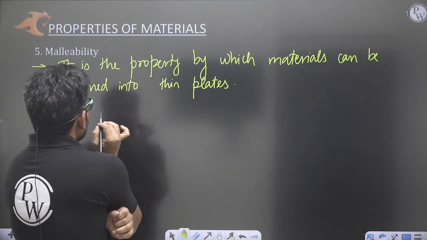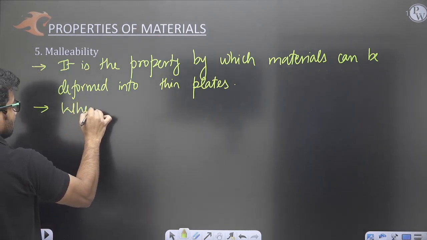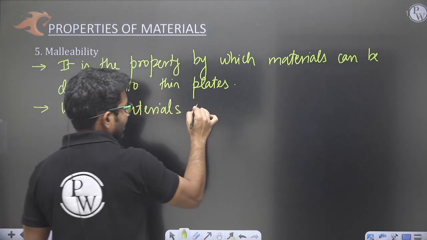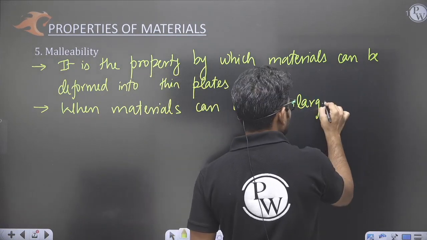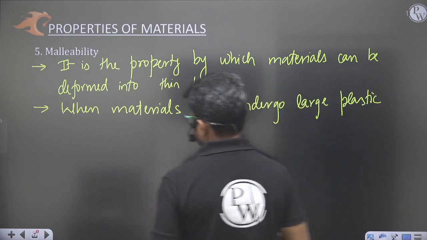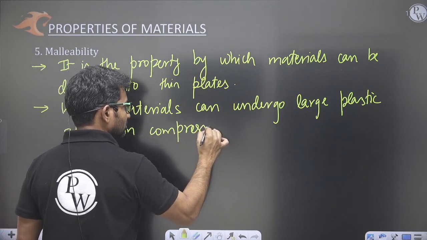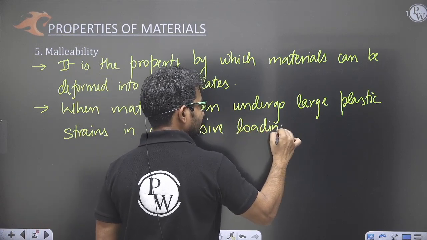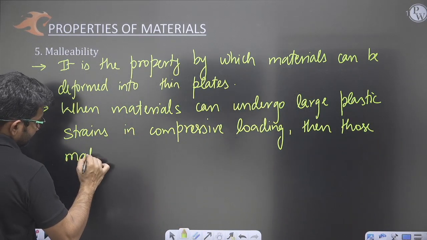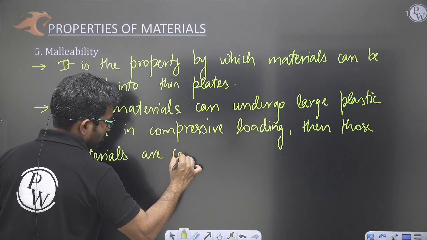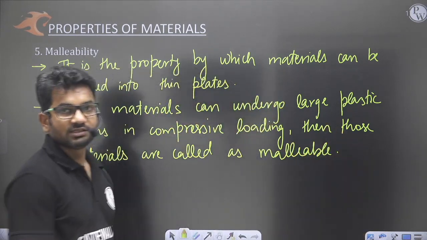Okay, right. So when materials can undergo large plastic strains in compressive loading, then those materials are called malleable.